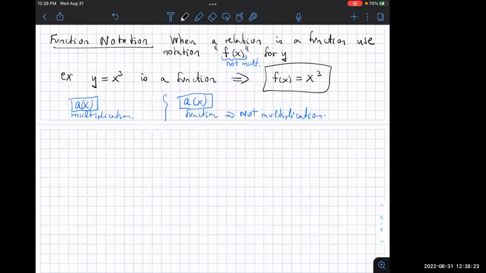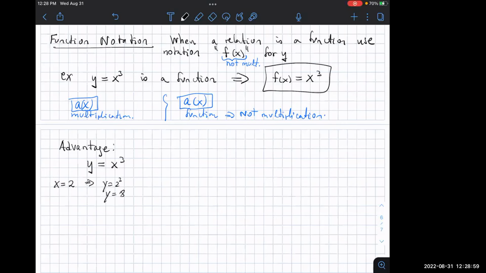Okay, so one advantage of the function notation is, let's compare, if we look at y equals x cubed, when we're making a table, we say let x be 2. So then y equals 2 cubed, so y equals 8.